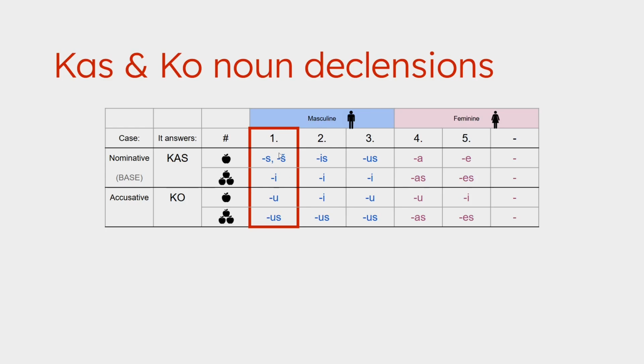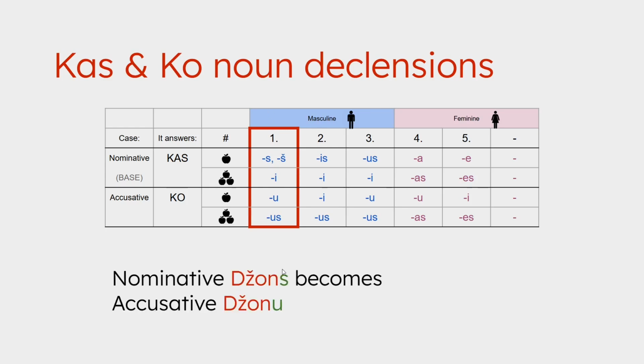Now let's learn how to convert our suffixes. Let's look at the first declension. Johns is nominative, and we find the first declension, remember, singular and s right here. Then when we want to make it into an accusative, we travel down the first declension, we find singular again.